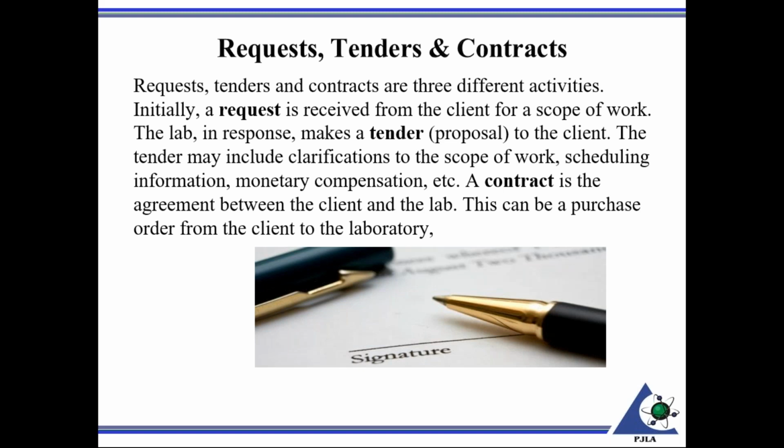The lab in response makes a tender or a proposal to the customer or client. The tender may include clarification of the scope of work, scheduling information, monetary compensation, etc. And then finally, we have a contract, which is the agreement between the client and the lab.